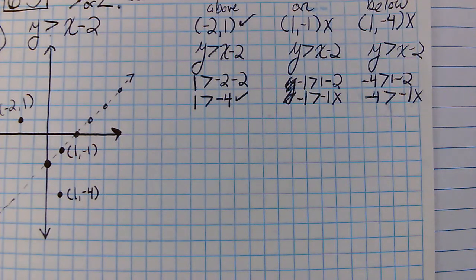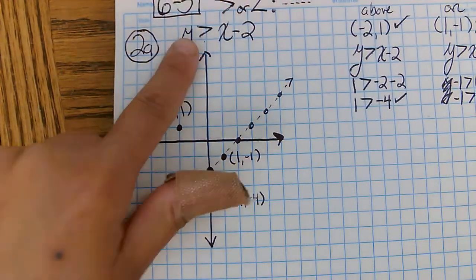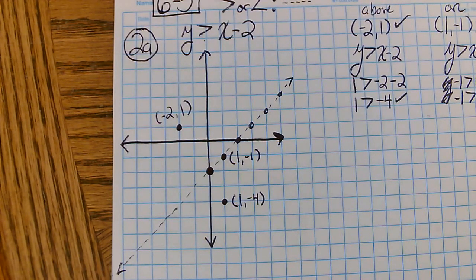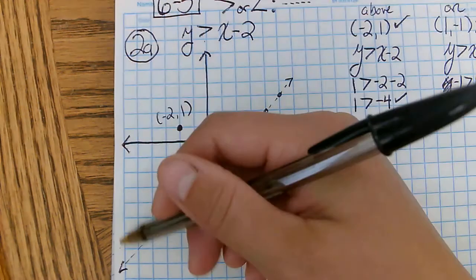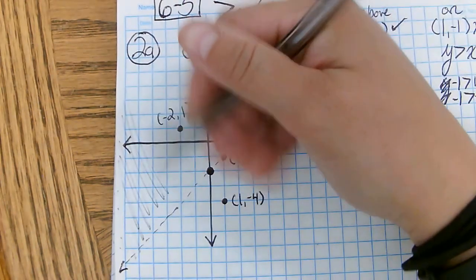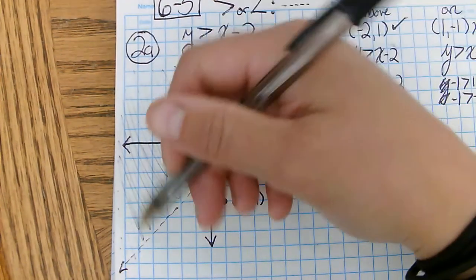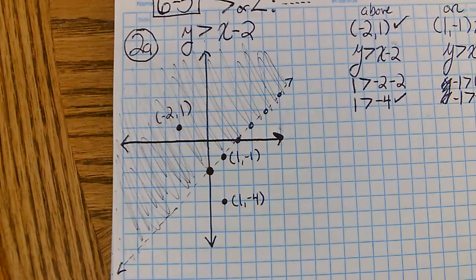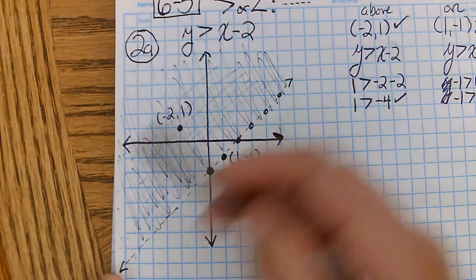So here's another thing that you're going to see. If you have a symbol that says greater than, you are going to shade in all of the points that are above the line. Any point up here will make that inequality true. Let me go this way too, so it's a little darker.